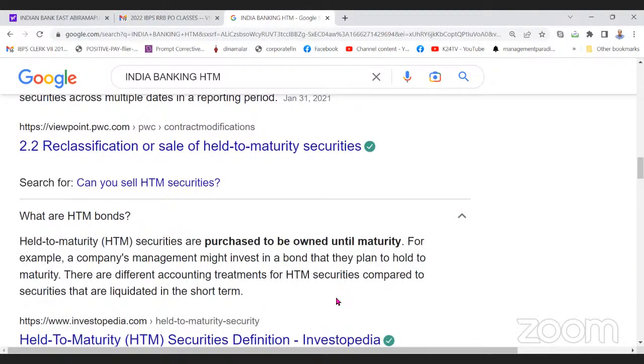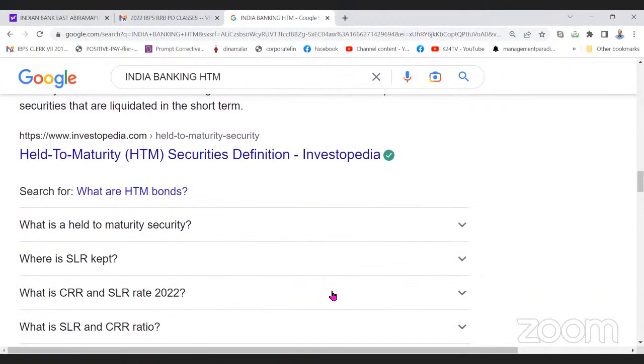Held to maturity securities are purchased to be owned until maturity. For example, a company's management might invest in a bond that they plan to hold to maturity. There are different accounting treatments for HTM securities compared to securities that are liquidated in the short term.